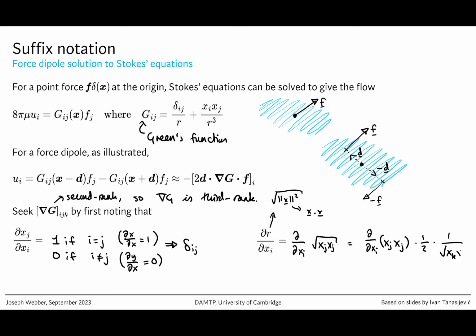Let's just relabel the dummy indices here so we don't end up with more than 2 hanging around. And then further doing the product rule here, we end up with xj delta ij over root xk xk, which is just going to be equal to xi over r. Lovely.